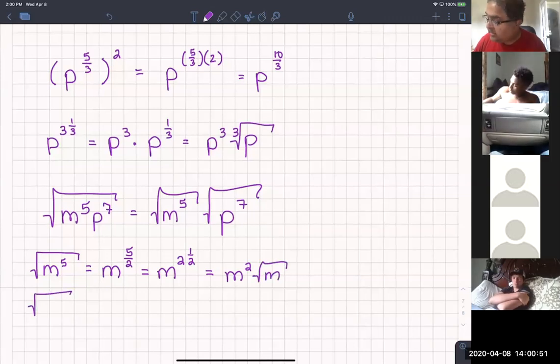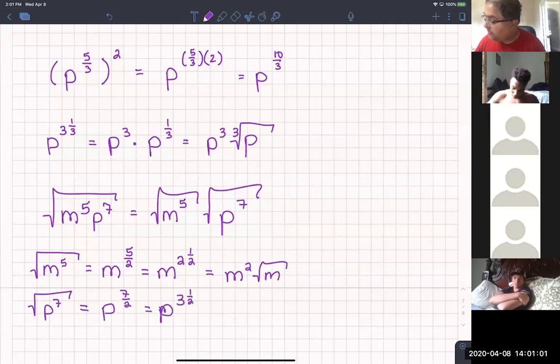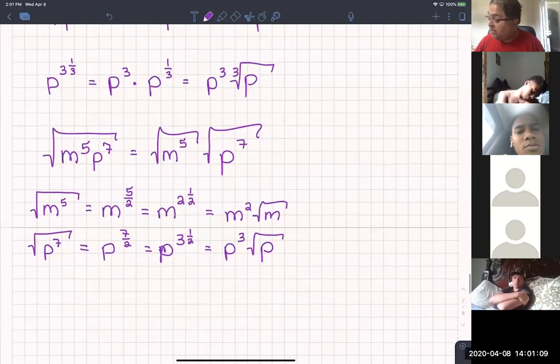Same thing with p to the 7th. P to the 7/2 is equal to p to the 3 1/2, which is p cubed times the square root of p. And then when you multiply them, remember the outside gets multiplied and the insides get multiplied.